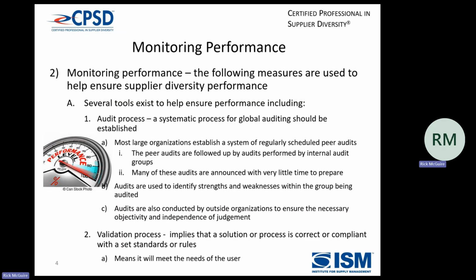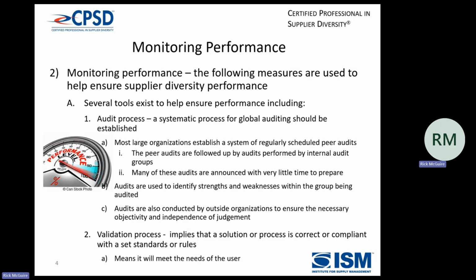So monitoring performance, the following measures are used to help ensure supplier diversity performance, or basically any supplier. Several tools exist to help to ensure performance, including audit process. Systematic process for global auditing should be established. Most large organizations establish a system of regularly scheduled peer audits.